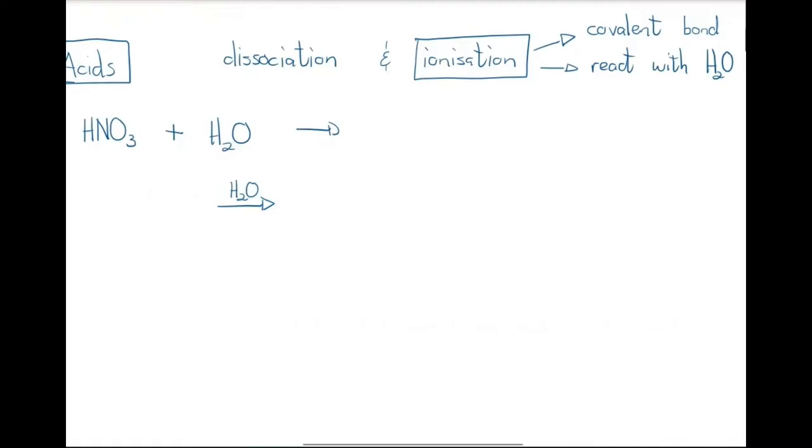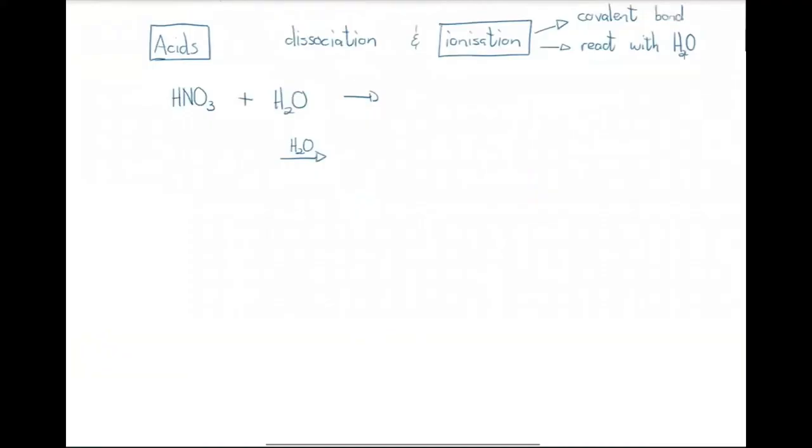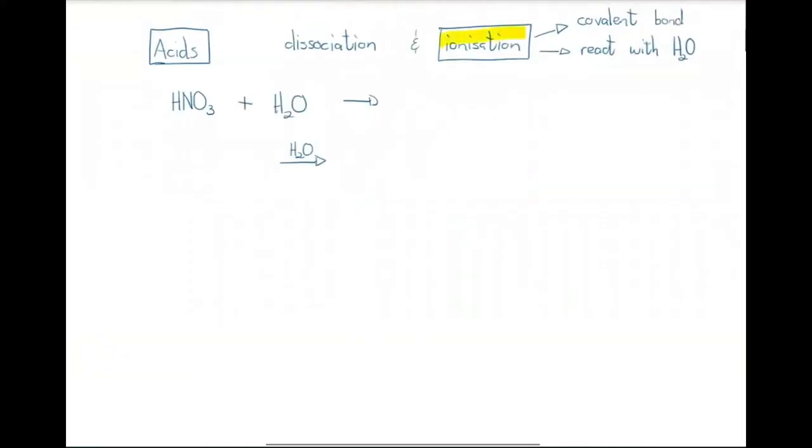And I'll keep on highlighting in colors so that we can keep them together. Ionization is when a covalent bond reacts with water. Why is HNO3 a covalent bond? Let's remind ourselves, what is a covalent bond? A covalent bond is where you've got two nonmetals.